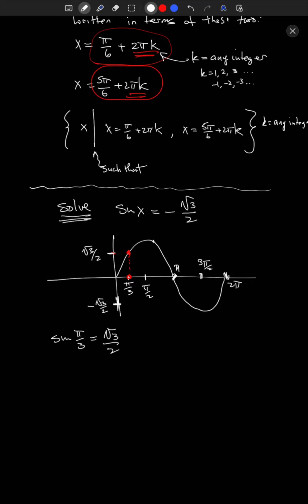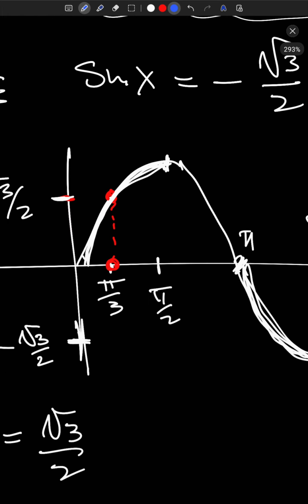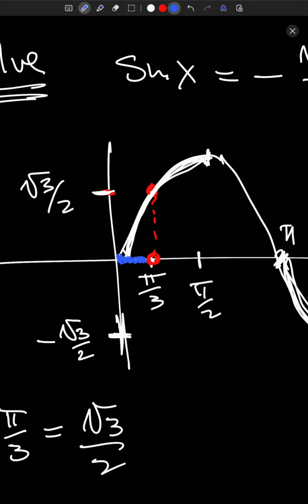This hump right here, which represents the first quadrant, if you want to think of it that way, is the same as this hump right there, except this hump down here is upside down. And so this distance from here to there is pi over 3. If I move a distance of pi over 3, then my output is going to be a height of root 3 over 2.